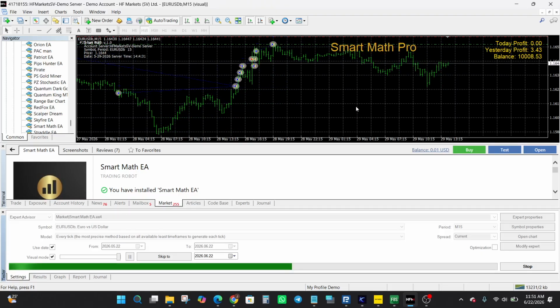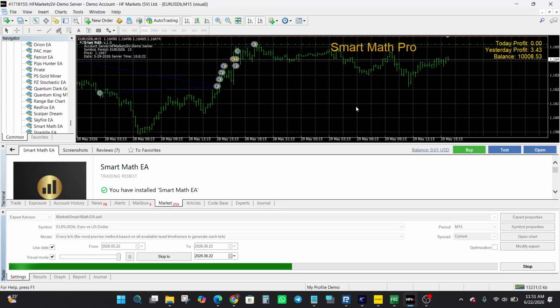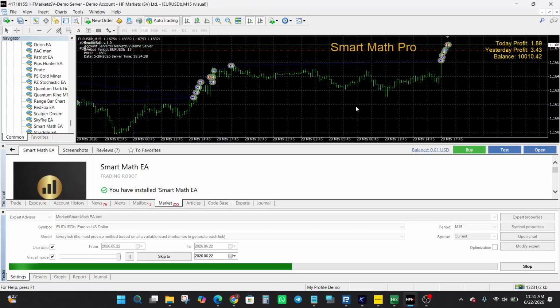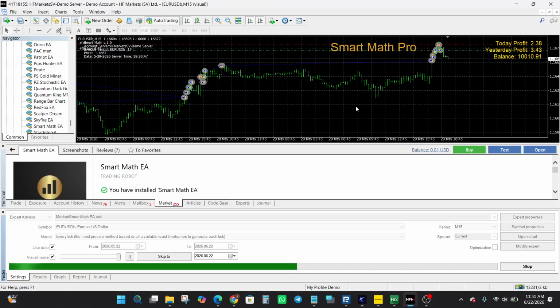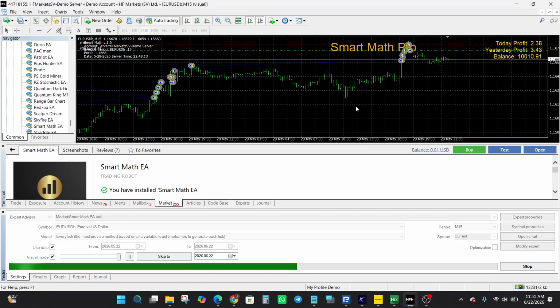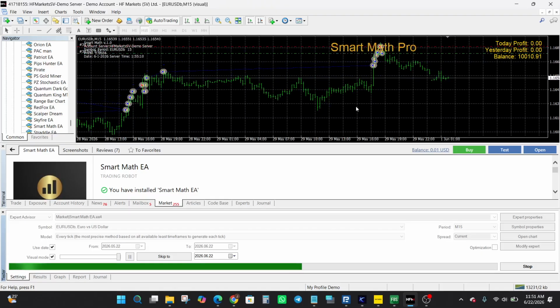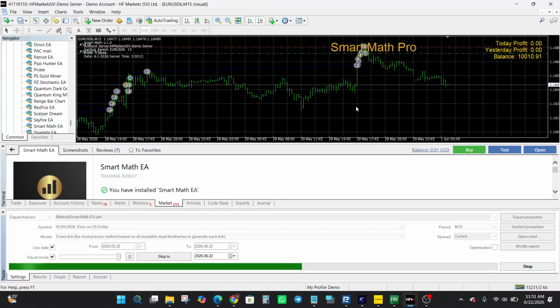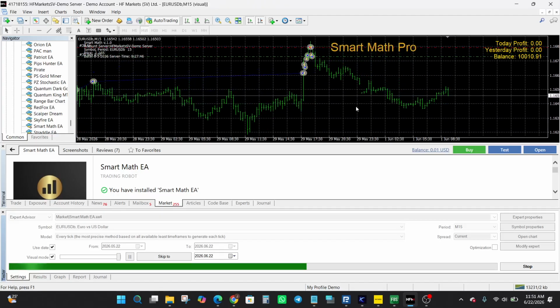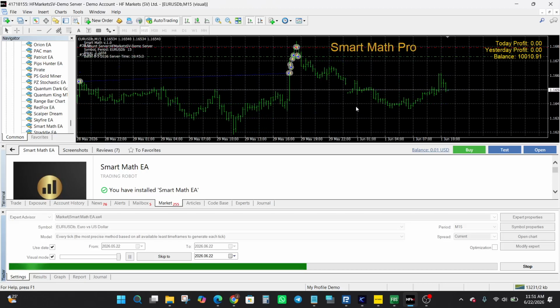Overall, the Smart Math EA for MT4 is presented as a configurable grid-based trading system for EURUSD on the M15 time frame. The combination of averaging functionality, auto lot capability, customizable risk management, and order control settings provides traders with flexibility, but it also means that careful testing and optimization are essential before considering live deployment.